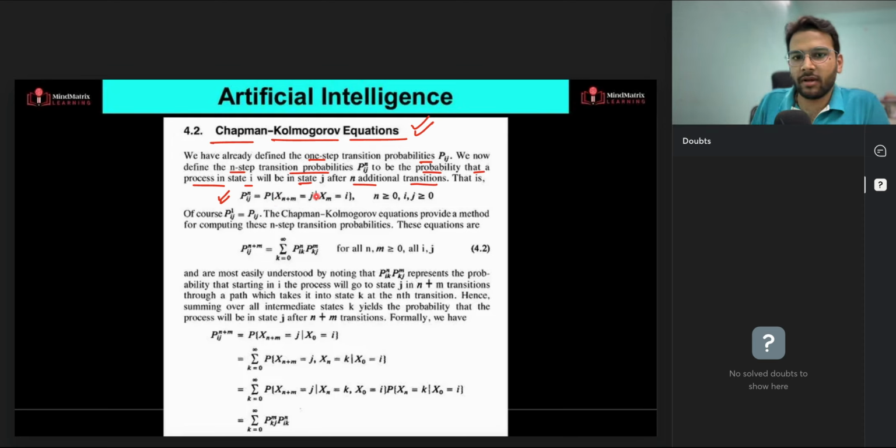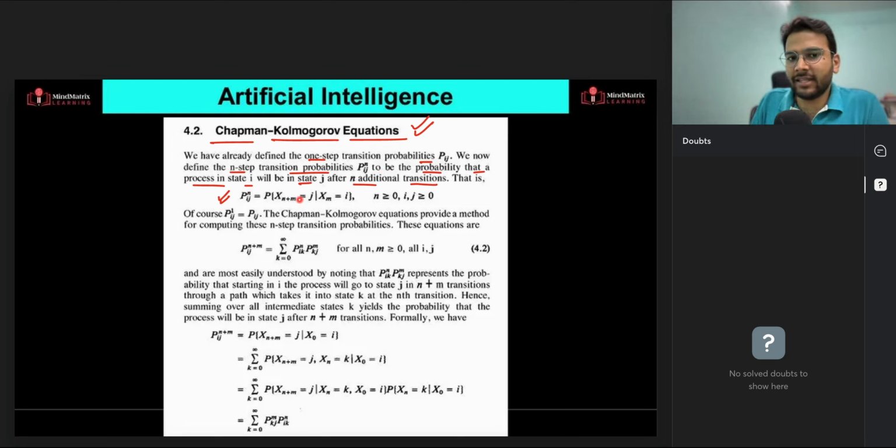In this example, they have considered that m steps you have already taken, and now you are taking n additional steps, so that is why n plus m.